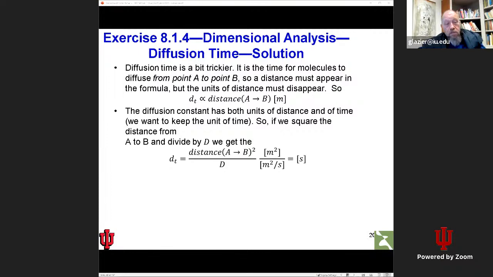Python will allow you to add, if X is the concentration of molecule 1 and Y is the concentration of molecule 2, Python will allow you to write Z equals X plus Y squared.